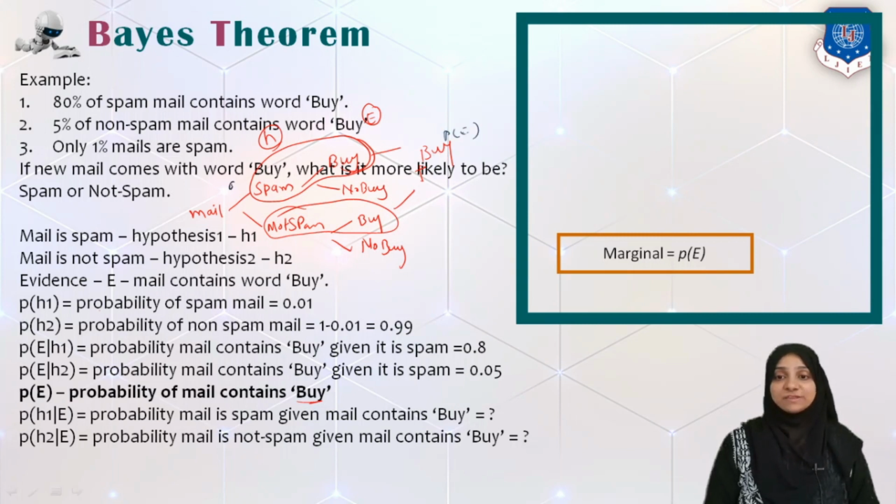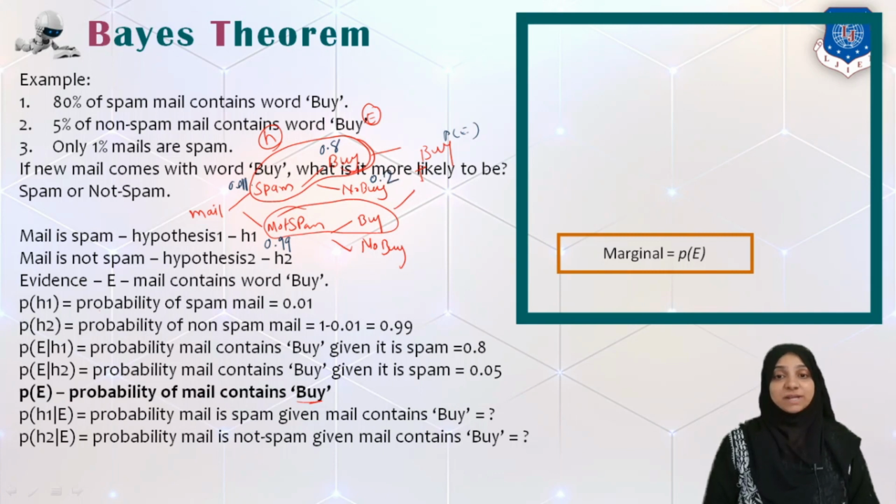Spam mails are 1%, that is 0.01, and not spam is 0.99. Now, spam mails which contain "buy" are 80%, that is 0.8, so the remaining will be 0.2.